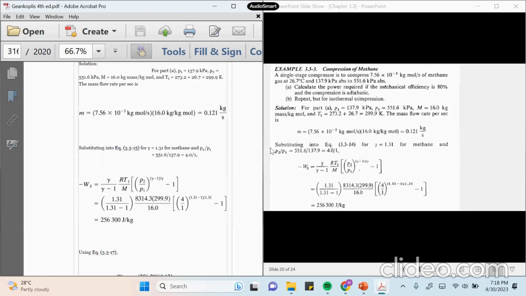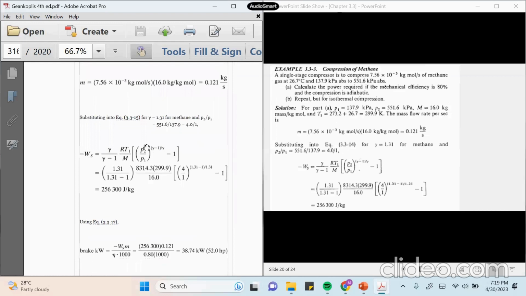And then I know that for methane, from the previous slide, gamma for methane is 1.31. And the P2 over P1 ratio is 4 to 1. So I put all of the known values here: gamma 1.31, RT1 over M, where T1 I know from the problem, R I know, M I know, and P1 over P2 is this, 4 to 1.